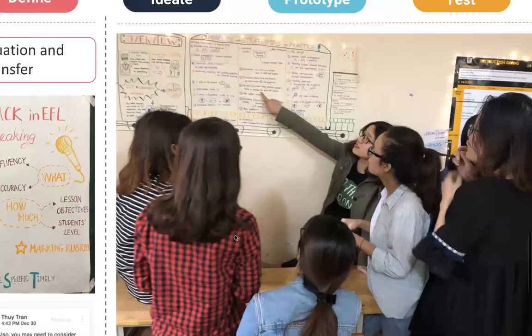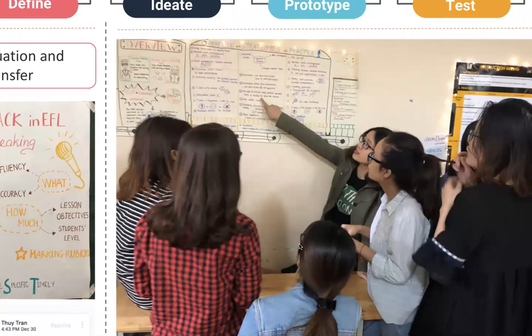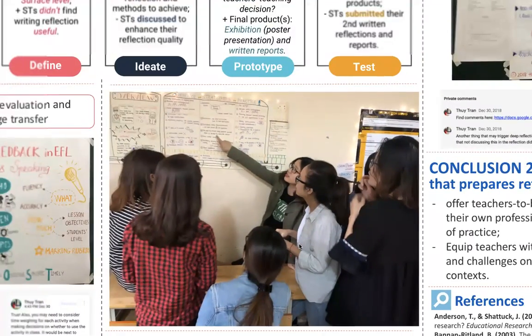Okay, and the knowledge transfer can be observed via students' presentation. They listened to their friends delivering the presentation, and also they asked questions and they challenged their friends with difficult questions.